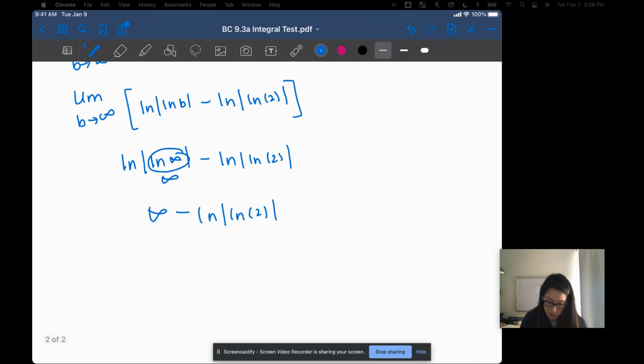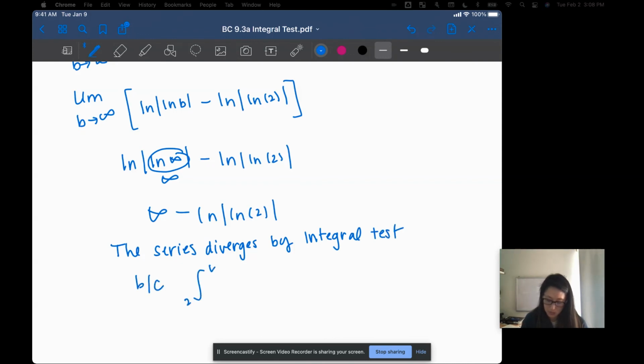So I see that the series diverges by the integral test because the integral from 2 to infinity of 1 over x ln of x dx diverges. So the series diverges as well.